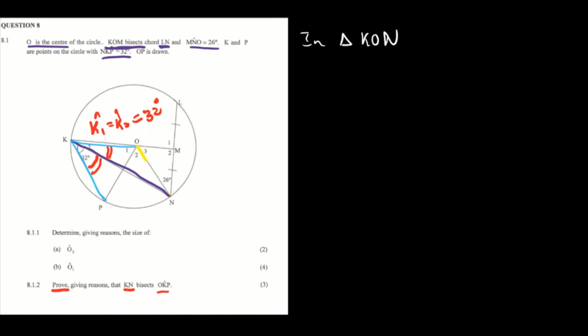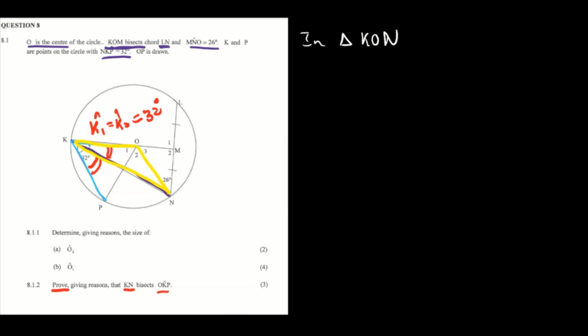In this yellow triangle there, the whole aim now is to find the angle of K2.